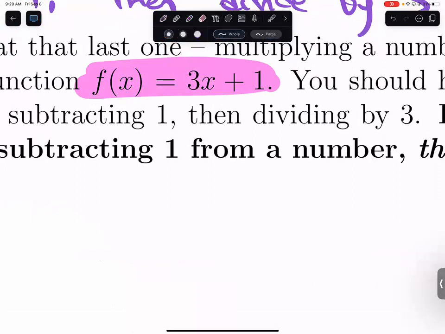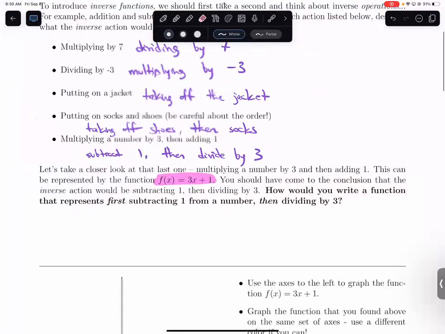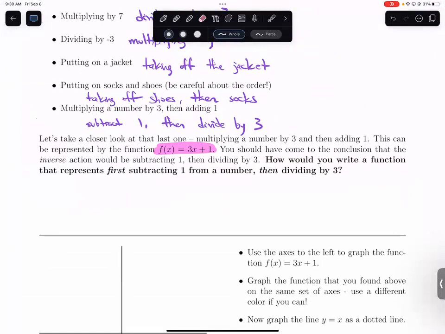You give that an x value, what happens first? If you plug something into that, you multiply by 3, and then you add 1 because the order of operations says multiplication, then addition, right? Okay, take a couple of minutes and think about, or talk about with people around you, how you would write a function that does the thing that we came up with as the opposite or the inverse. Subtract 1, then divide by 3.